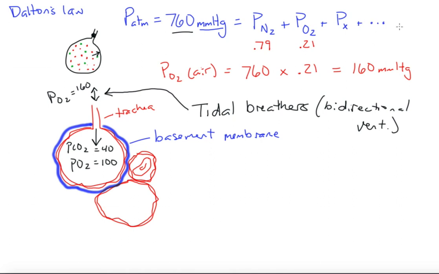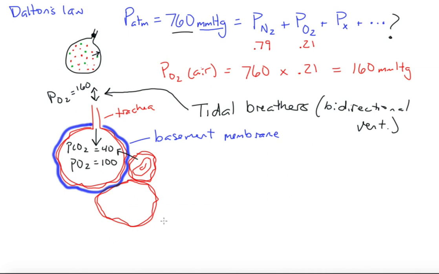I didn't even write it down because it's such a small fraction that most people just leave it out when you're talking about the big picture. But remember, our bodies are producing CO2 and we're diffusing CO2 into the alveolar air. And so the concentration there is going to be much higher than it is in regular air out in the atmosphere.